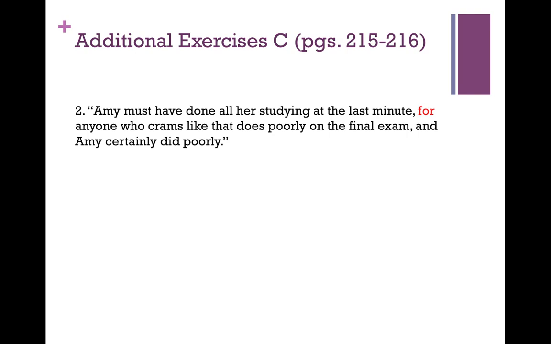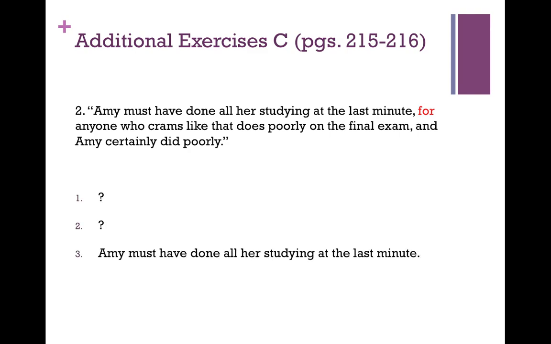If I say, all people are terrible people, for, look at the sins they commit in the world, you know that what's coming next is going to be the justification. So "for" is a premise indicator word. Therefore, the conclusion must be the very first sentence: Amy must have done all of her studying at the last minute.